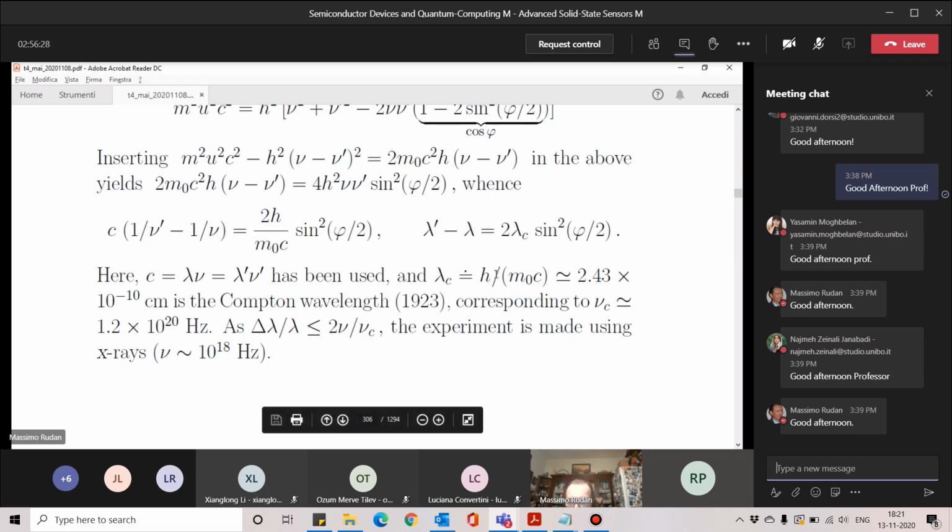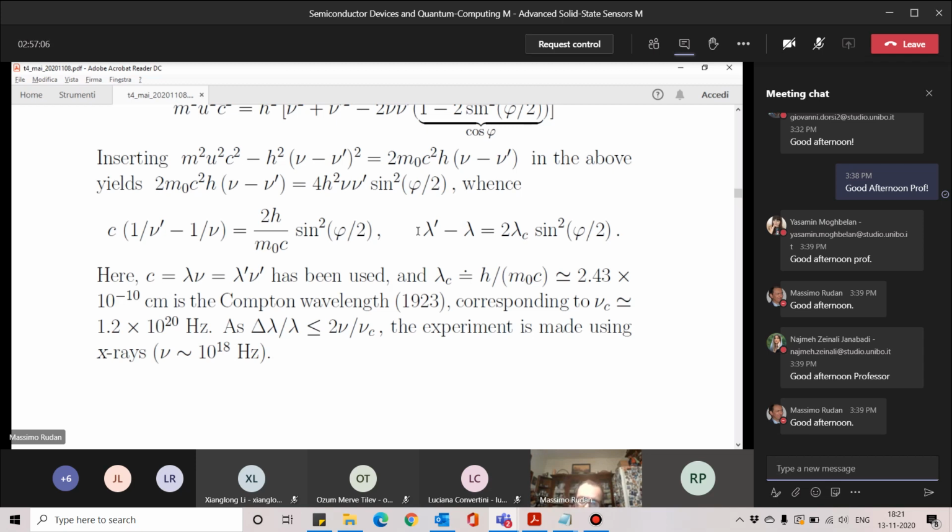On the other hand, the outcome is that this formula here fits pretty well the experiments. Not just qualitatively, it fits very well considering also the numbers involved. So that means that the hypothesis that we can describe a monochromatic radiation as a flux of particles having not only the same energy but also the same momentum is reasonable.